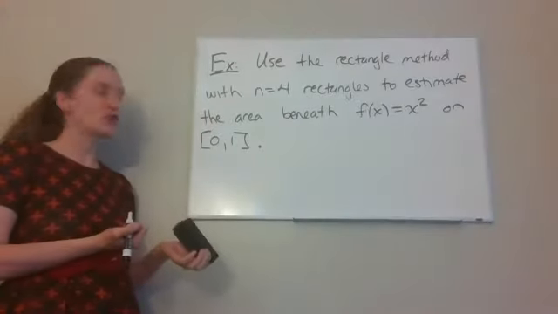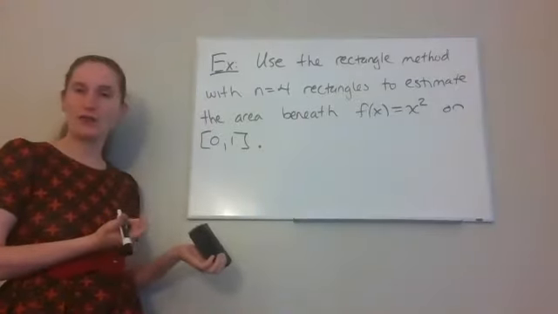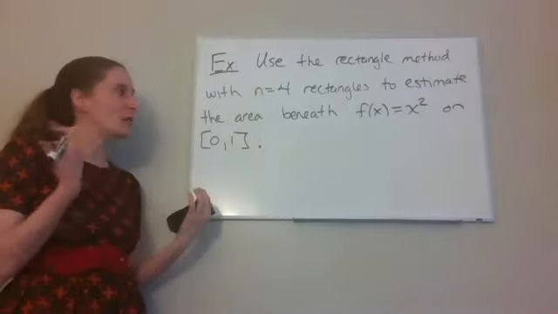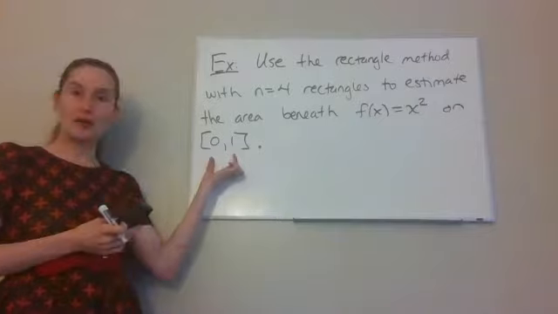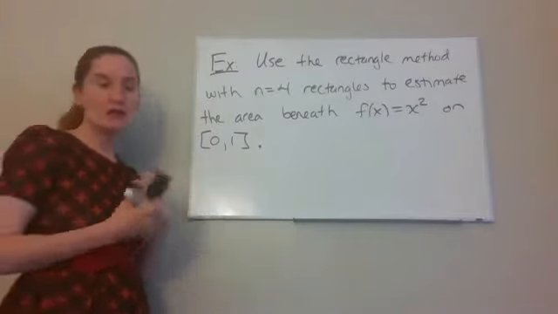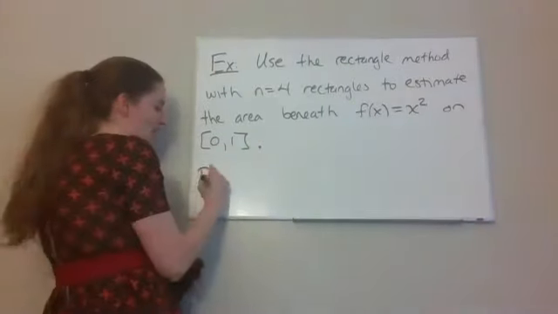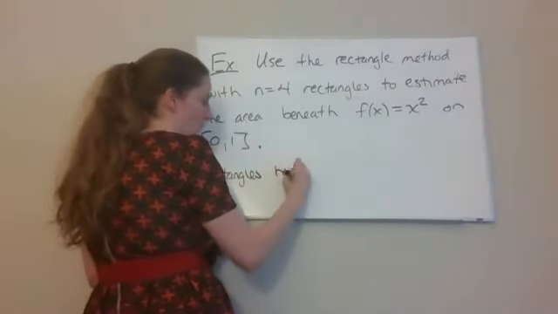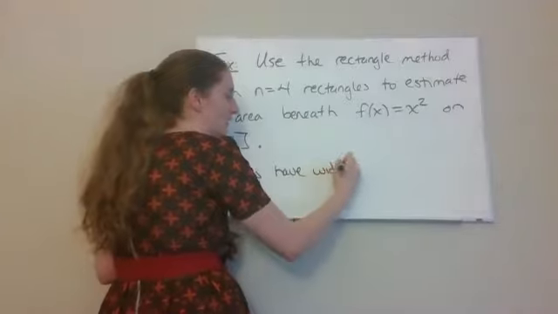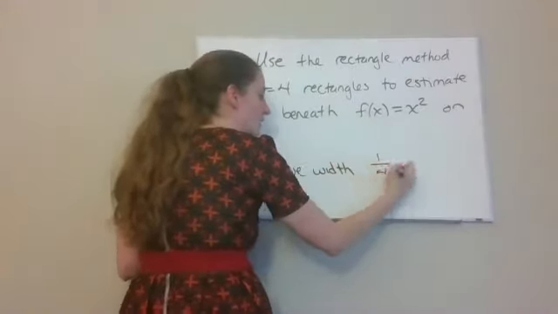So first thing I should do is figure out how wide all of these rectangles are. I'm doing 4 rectangles, all of equal width, to divide my interval that is width 1 right now. So that means that my rectangles will have width 1/4.